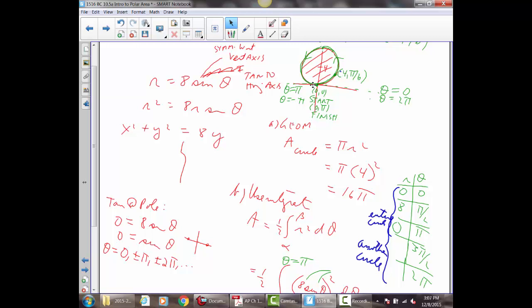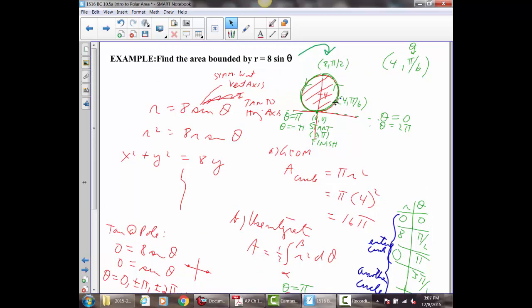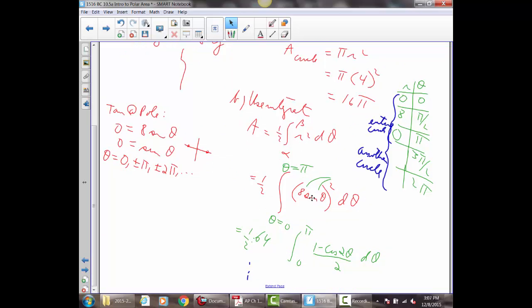So we would go from 0 all the way to pi, and that's what happens. You start at 0 here, now you're at pi over 6, pi over 2, and by the time you get to pi, you're back there. So it would be 1/2 integral from 0 to pi of the square of our r, with sine squared. You'd replace 8 squared with 64.